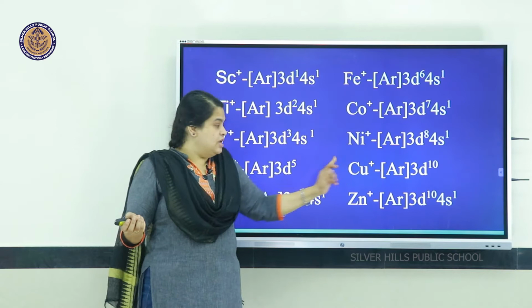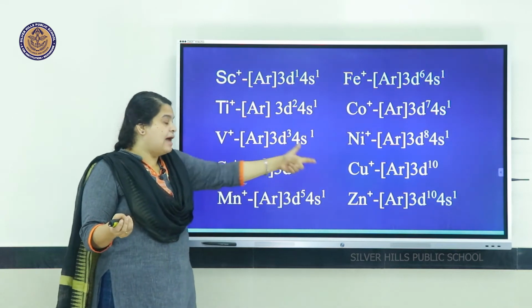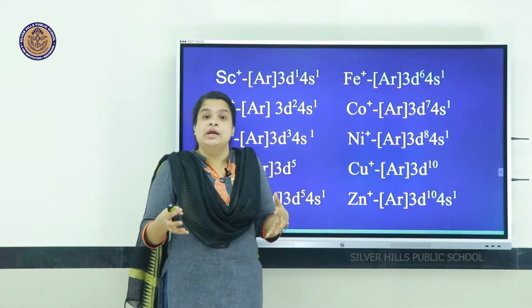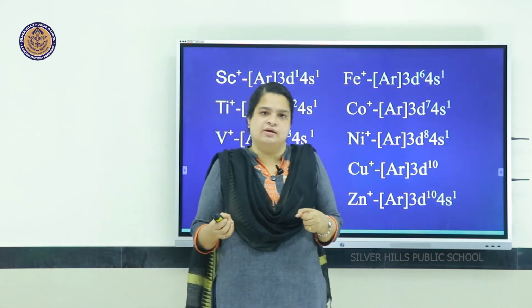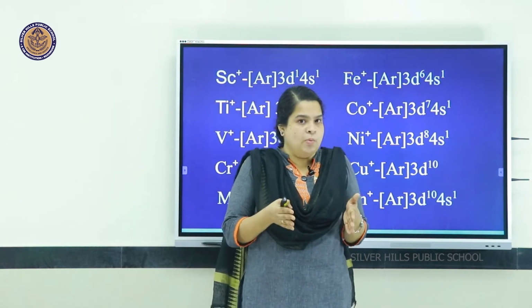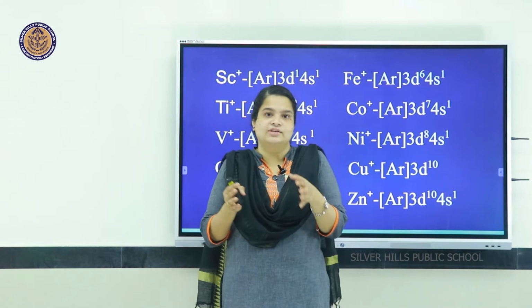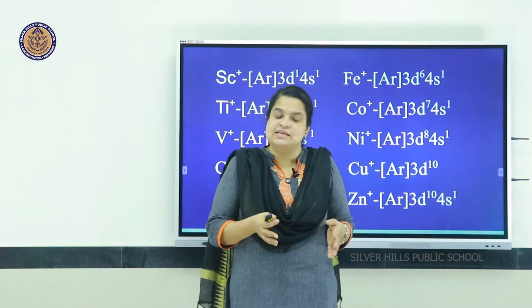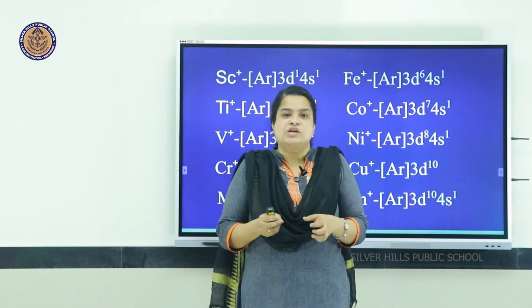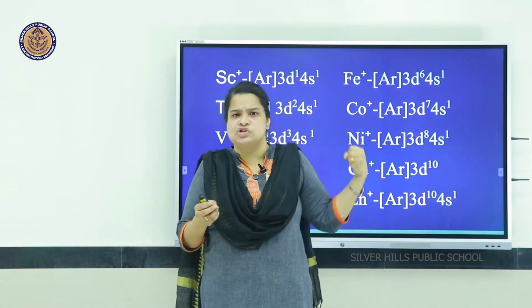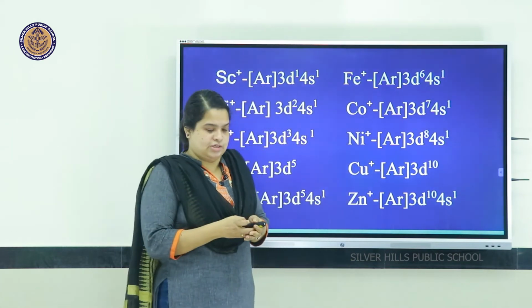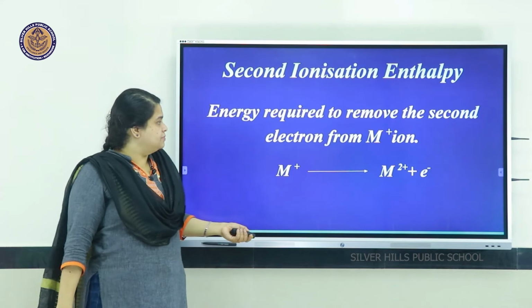Very difficult. So in the case of chromium and copper, you need more energy to take. Why? Because chromium plus is argon 3d5 and copper plus is argon 3d10. So you need a more ionization enthalpy than expected. We'll see how the graph is.